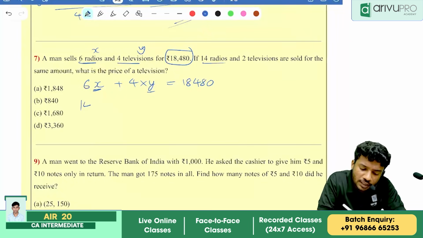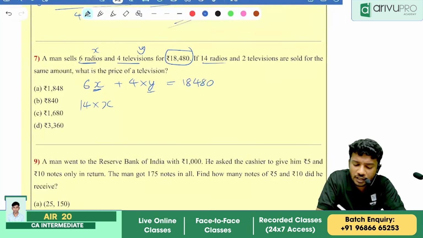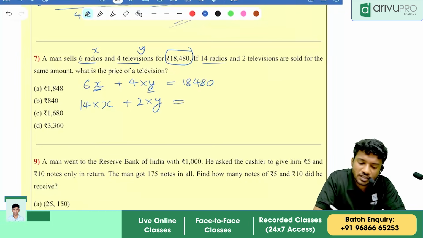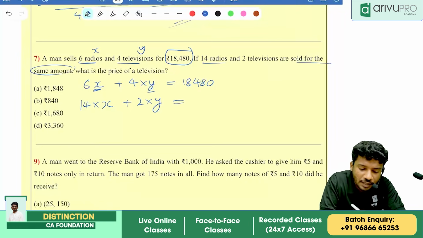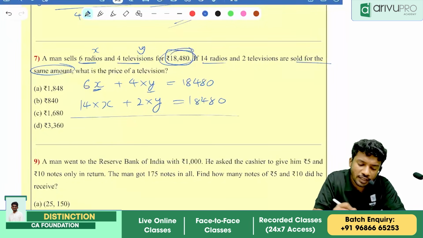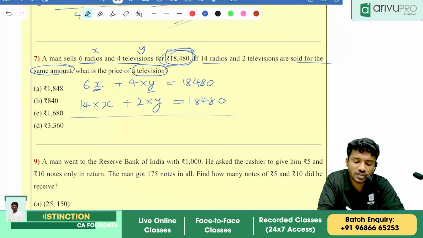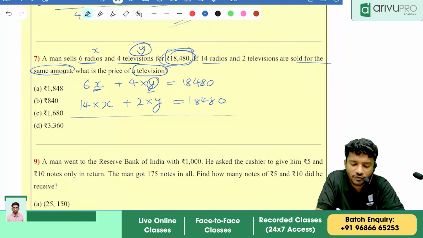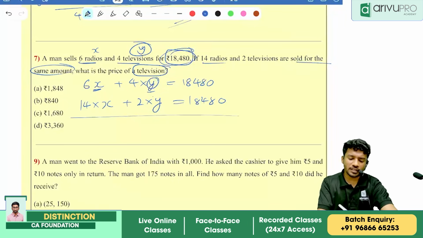Then 14 radios plus 2 televisions for the same amount, 18,480. We need to find the price of a television, that means the value of Y.